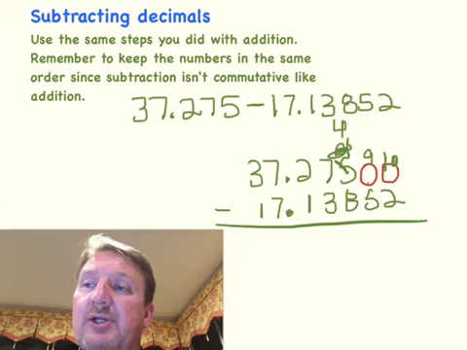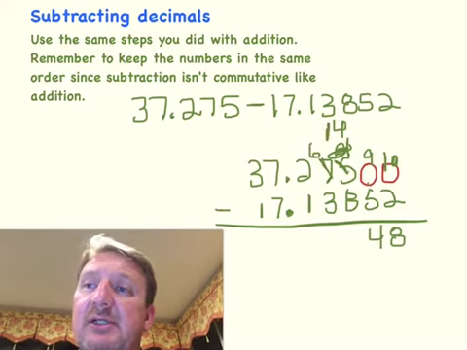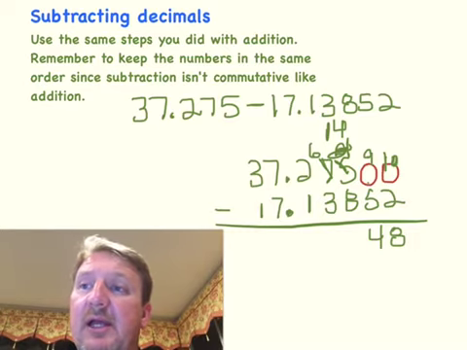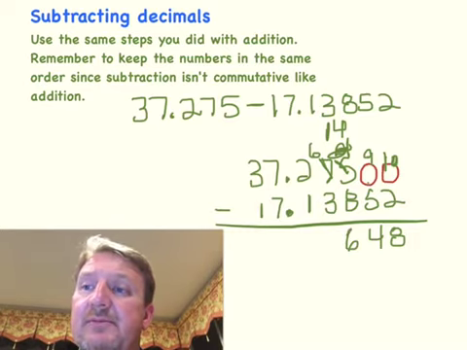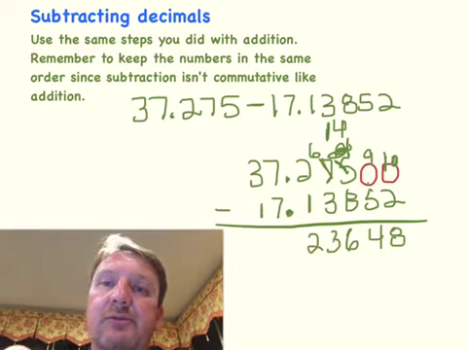So I can subtract 2 from 10 and get 8. I can subtract 5 from 9 and get 4. I can't subtract 8 from 4, so I have to borrow from that 7. That becomes a 6, and then that becomes a 14. 8 from 14 is 6. 3 from 6 is 3.